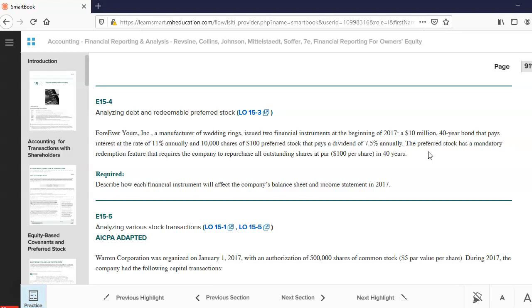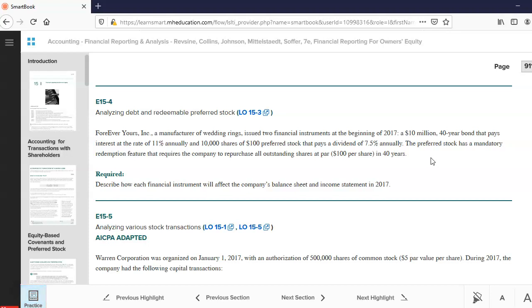So they are issuing this preferred stock. Whoever owns the stock is paid a 7.5% dividend annually, and then the company has to buy the stock back, which is essentially paying off the principal when the stock hits 40 years. So it's very much like debt. Even though it's a preferred stock, because of the mandatory redemption, the company issuing this has to classify this as debt.